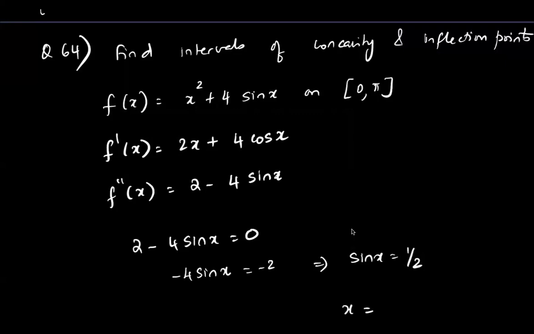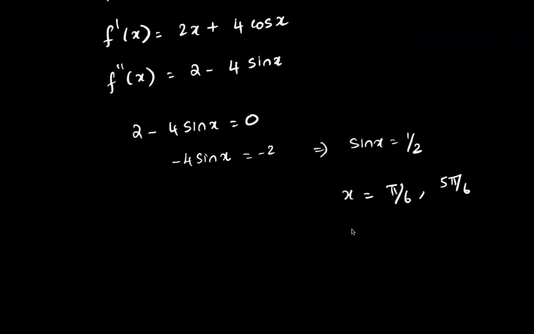Find the critical values in the interval 0 to pi. So in the interval 0 to pi, I have pi over 6, 5 pi over 6. Okay. So now these are my potential points of inflection.